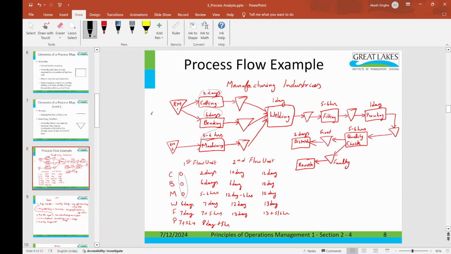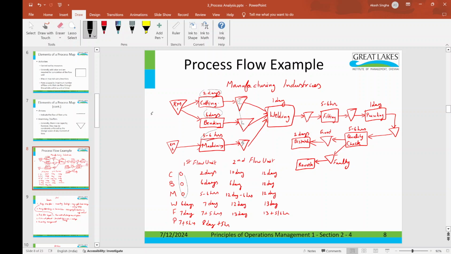After that, these are the inventories. For the first one, it will be present here after 2 days, the next after 6 days, and the last after 5 to 6 hours, like 0.5 days.